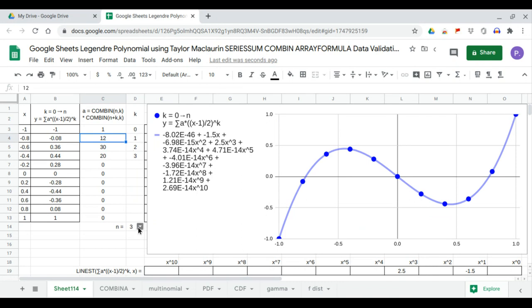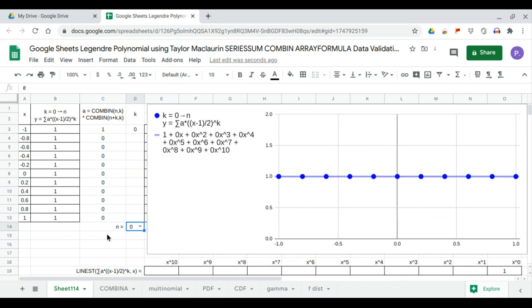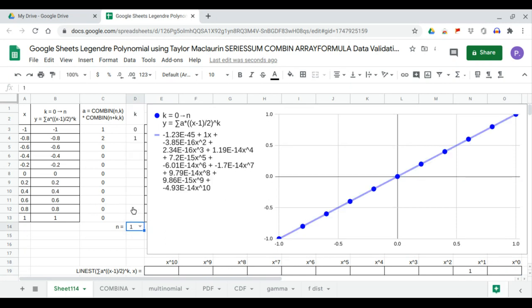We start with 0. At n equals 0, our Legendre polynomial y equals 1. So that is y equals 1. At n equals 1, Legendre polynomial y equals x. So 1x.